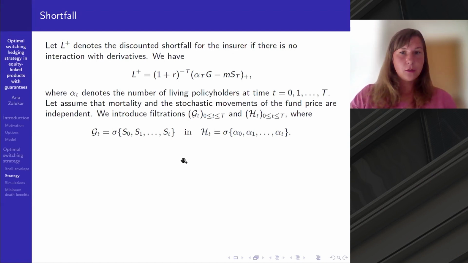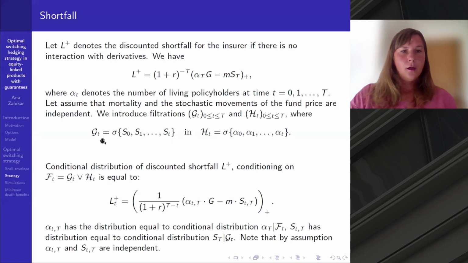Then we should introduce two filtrations. One is for mortality, this is HT, and the other one is for the fund price or stock price, and they are independent. The conditional distribution of the discounted shortfall L plus is equal to this thing. So alpha T has the distribution equal to the conditional distribution.